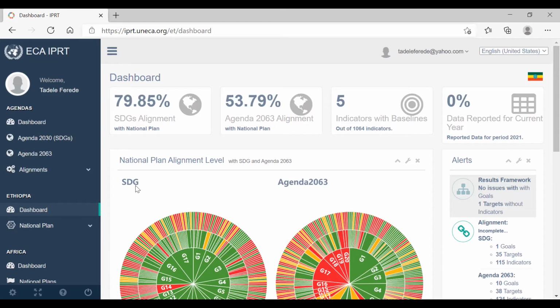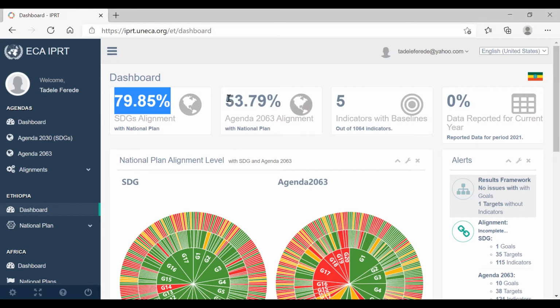Ethiopia's Second Growth and Transformation Plan is roughly 80% aligned with SDGs. You see this percentage for SDGs: 79.85% aligned with SDGs.